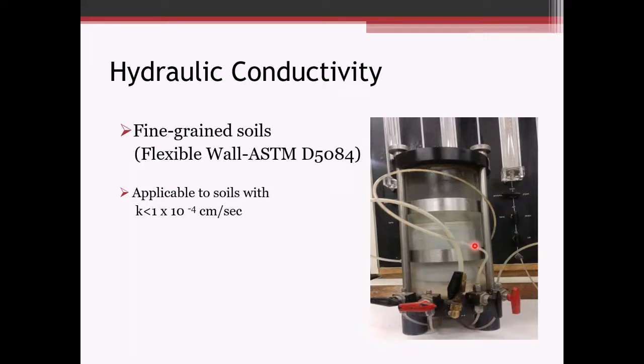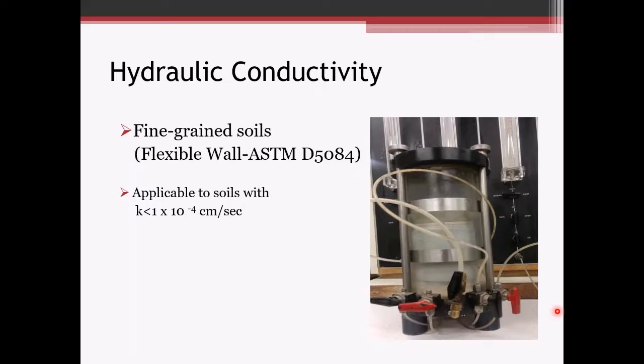Because these are clay soils that take a long time for water to run through them, in this test, water is actually forced through the sample to determine the permeability. This test can be conducted on Shelby Tube samples as well as remolded samples.